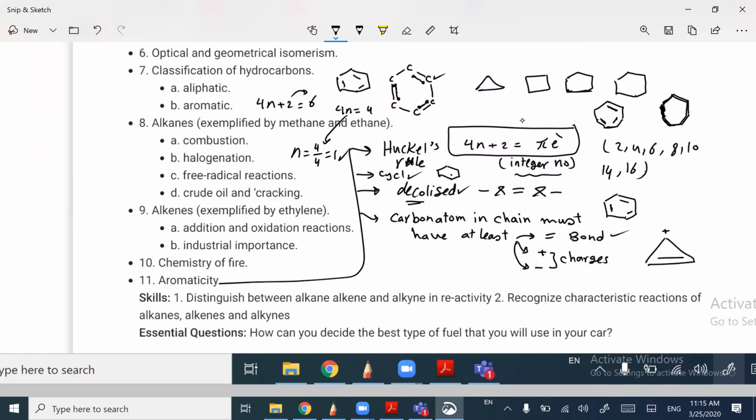Firstly, let's talk about Huckel's rule. 4n plus 2 gives us 2, 4, and 6. Let's draw it a correct way.